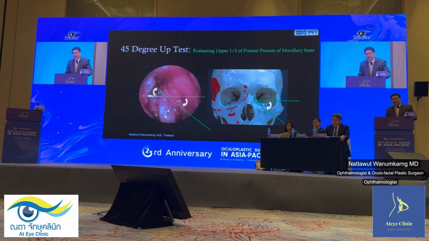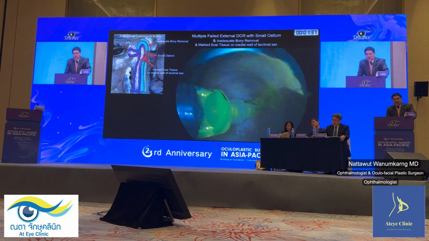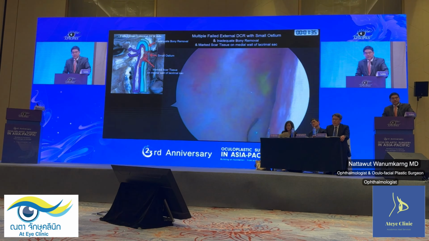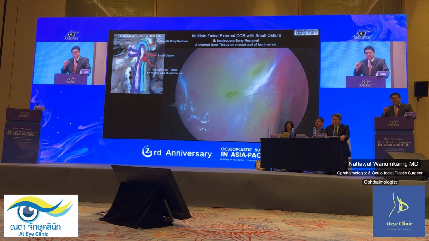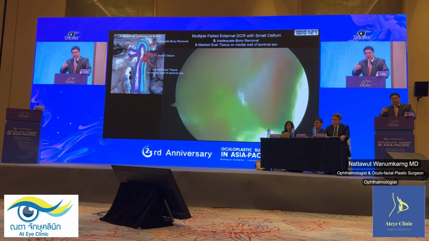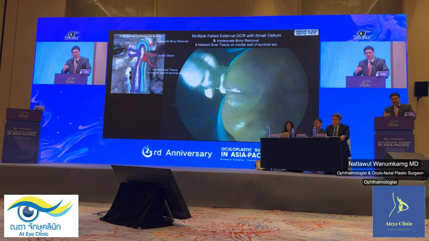And for the scar tissue, to manage it in this condition, we need to do the surgery. This shows a very thick scar tissue inside the nose and a tiny nasal ostium. In this case, we found it's 45 degrees down hard negative.